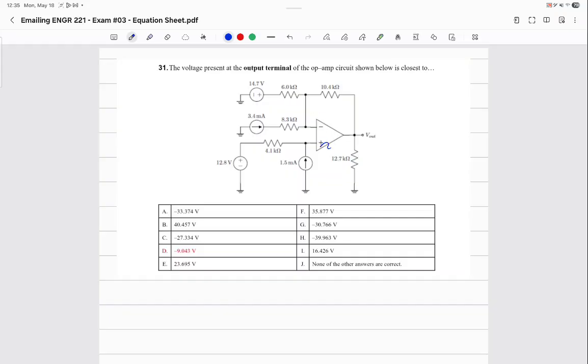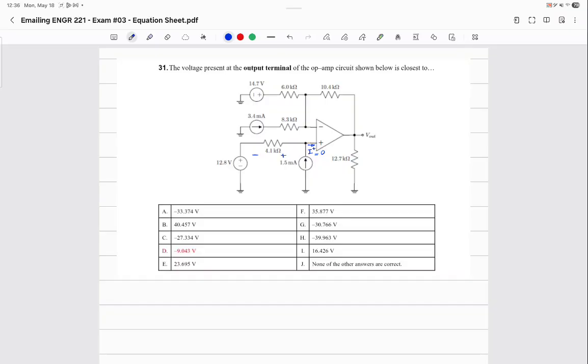So these two currents are 0. Since I positive is 0, can you tell me what is the voltage drop across this resistor?